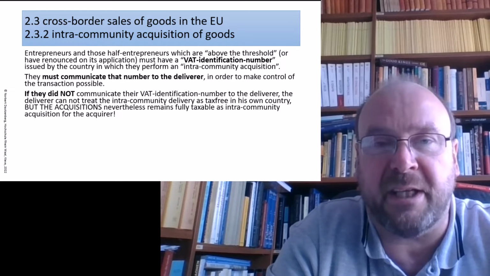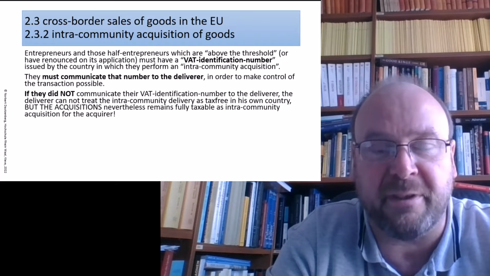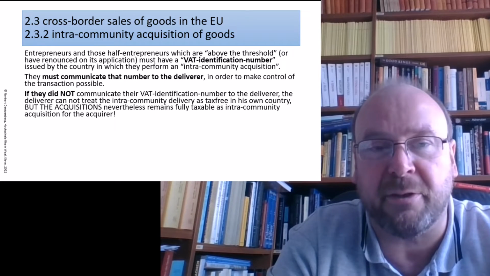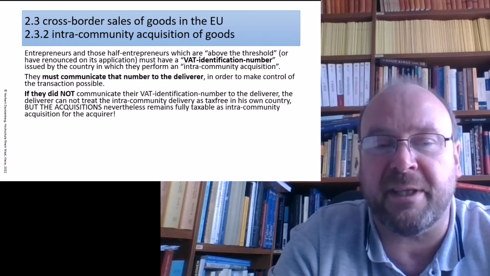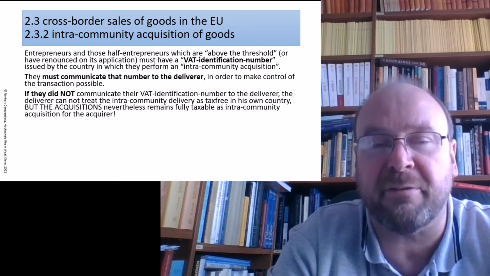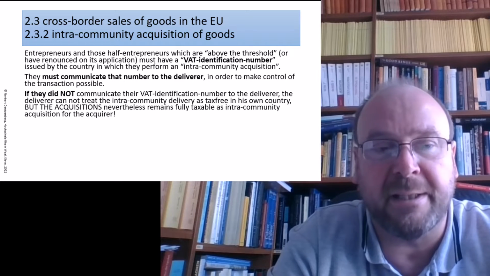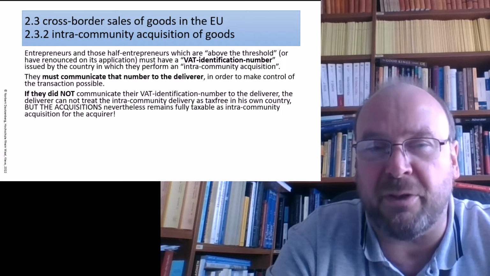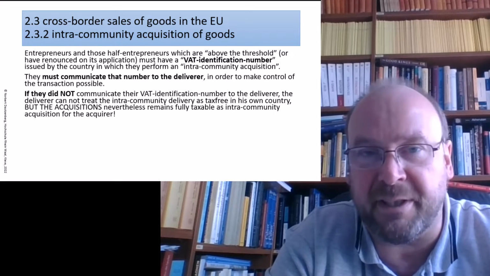If the buyer is not able to inform the deliverer of the VAT identification number, the deliverer cannot be sure that the buyer is really a taxable buyer. And so then the deliverer needs, probably for reasons of safety, to treat the delivery as a delivery to a private person. So the deliverer will then probably pay VAT himself. Now, that would not relieve the buyer of his legal obligation to pay the tax.